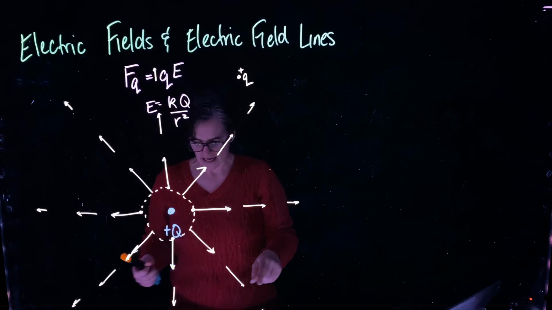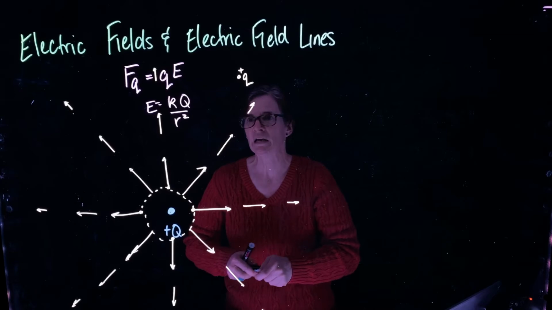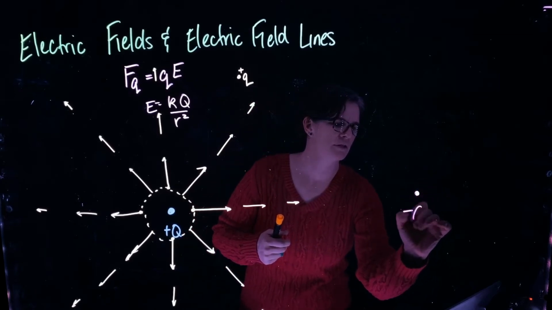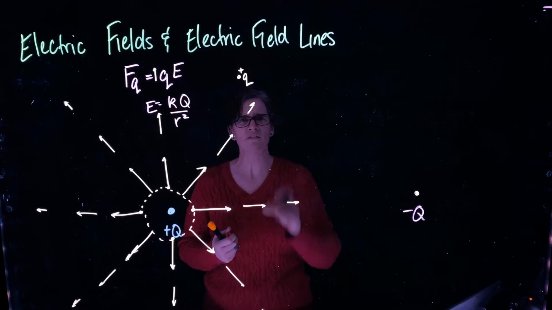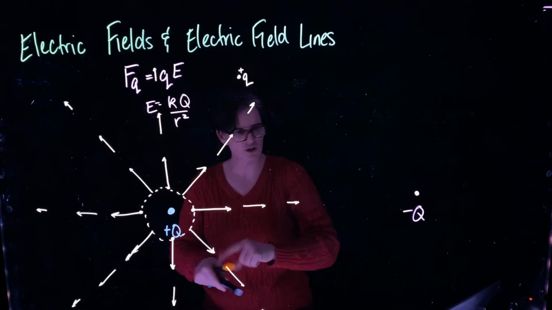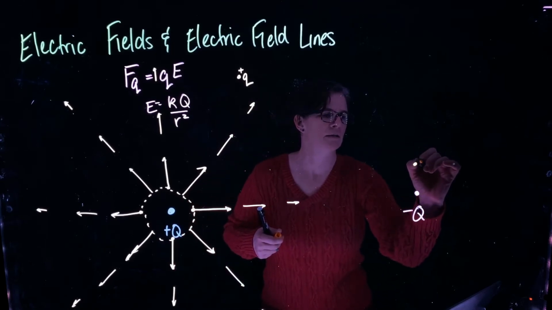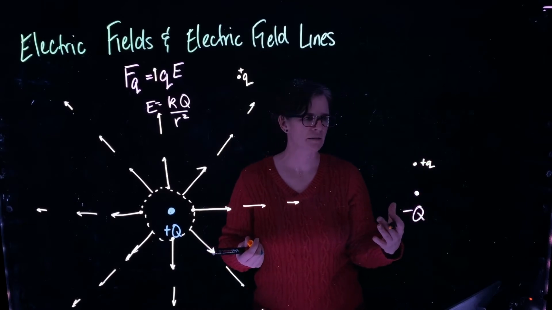Well, what if instead of a positive charge, I had a negative charge Q? Still capital Q, but negative charge. Well, if I take my positive test charge Q, the same positive test charge, what does that positive charge experience?